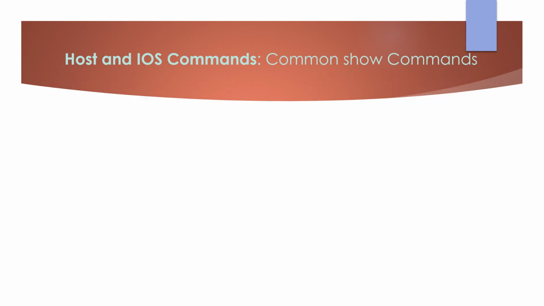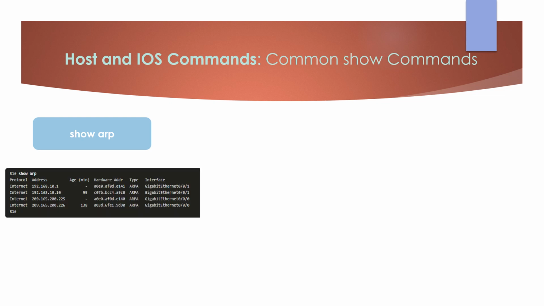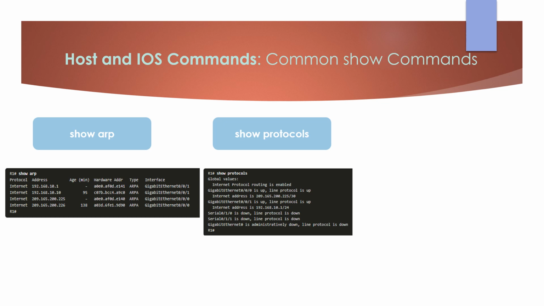If at the command line we use the command show arp, we will be able to verify the list of known hosts on the local Ethernet LANs. By using show protocols, we will be able to verify which protocols are operational in the device.